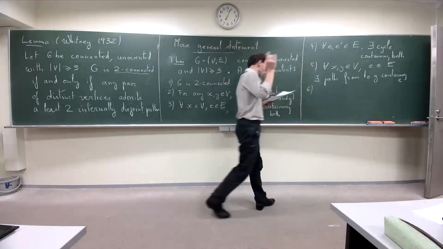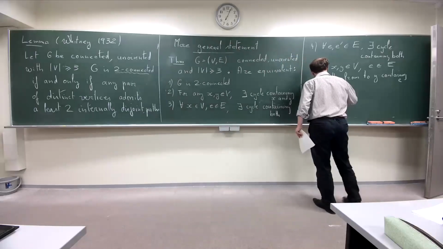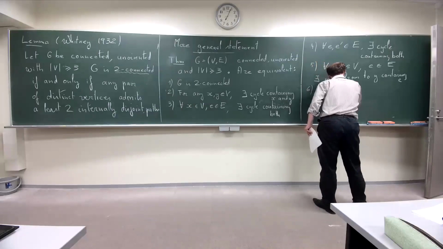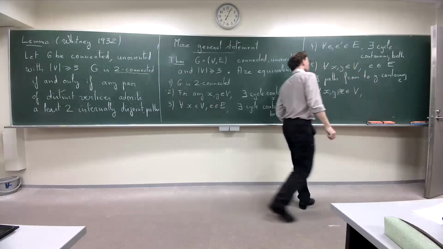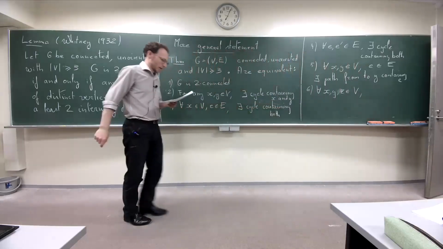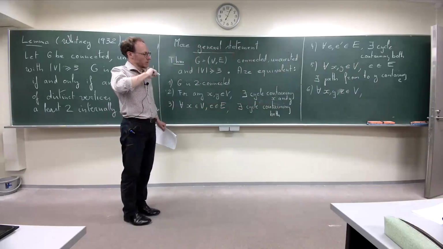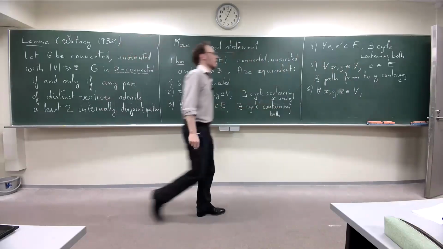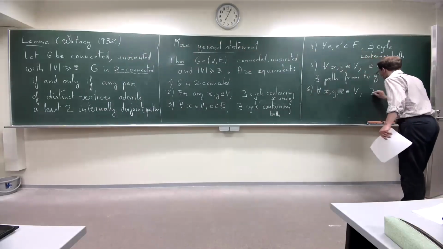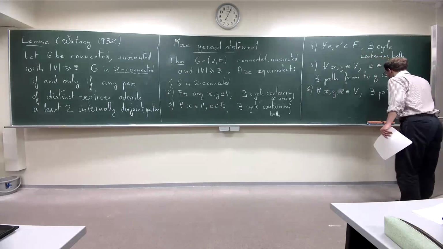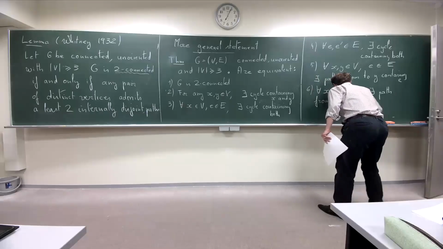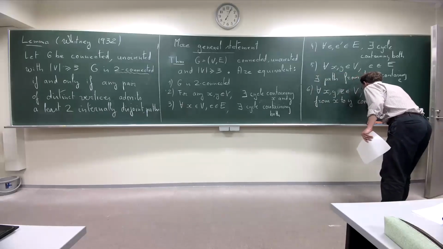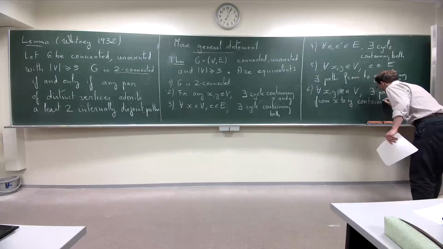Number 6. What about 3 points? For any x, y, z in the set of vertices, you can create a path from x to y containing z. There exists a path from x to y containing the third point, containing z.